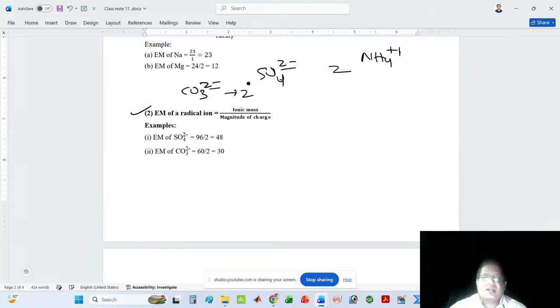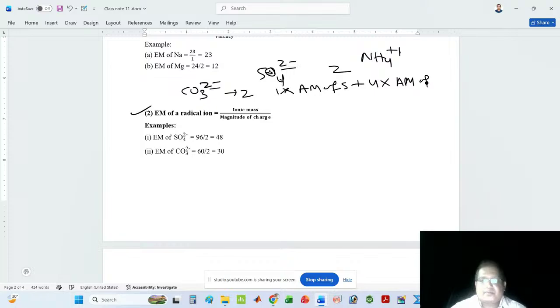Look at that. If I think about the ionic mass of sulfate, I can find it by adding the atomic mass of sulfur and 4 times the atomic mass of oxygen. That means ionic mass is how much? 1 into atomic mass of sulfur plus 4 into atomic mass of oxygen.